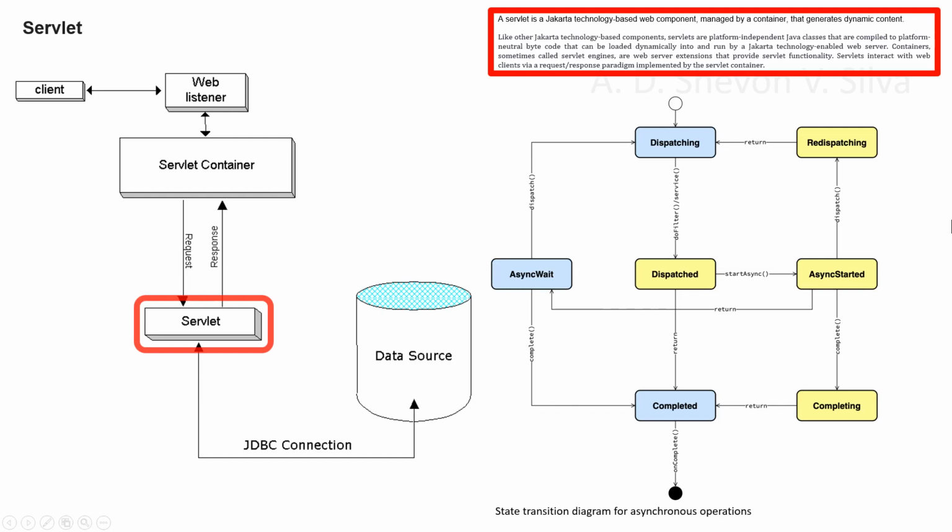When asyncSupported is set to true, the application can start asynchronous processing in a separate thread by calling startAsync, passing it a reference to the request and the response object, then exit from the container on the original thread.